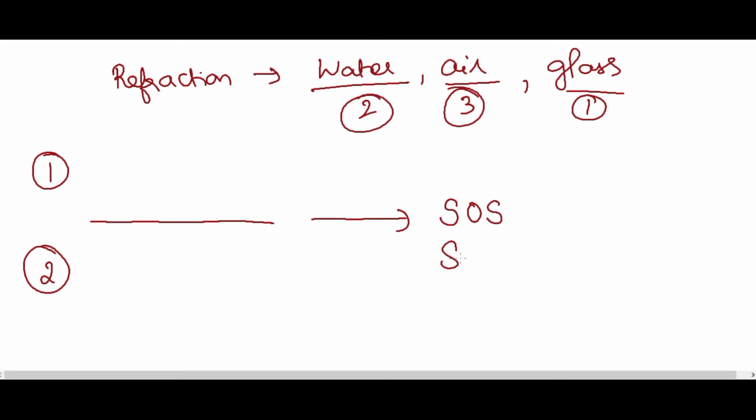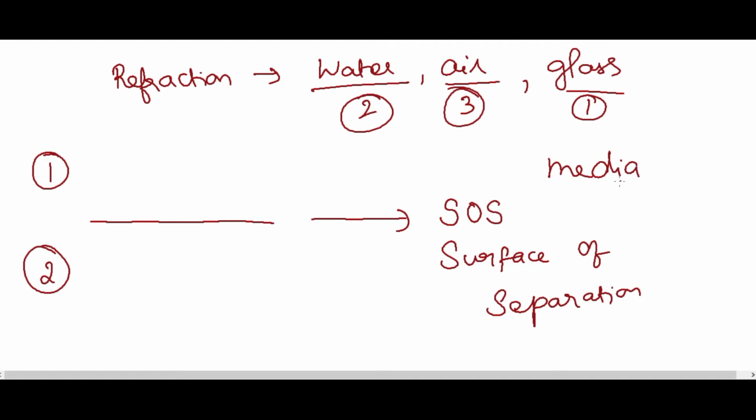It is the surface of separation. This surface of separation is separating two media. See the word I am using when it is plural: media. Medium is singular, media is plural, because here we are considering two media.